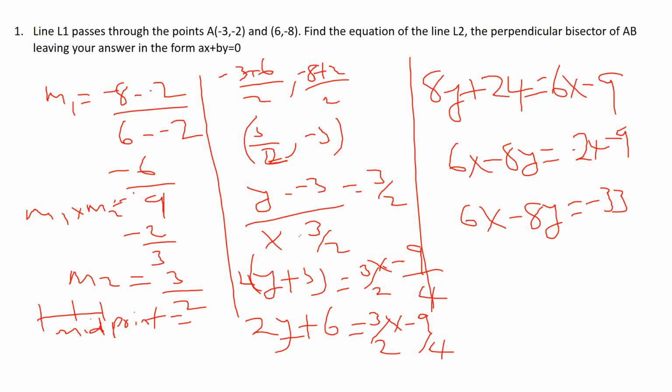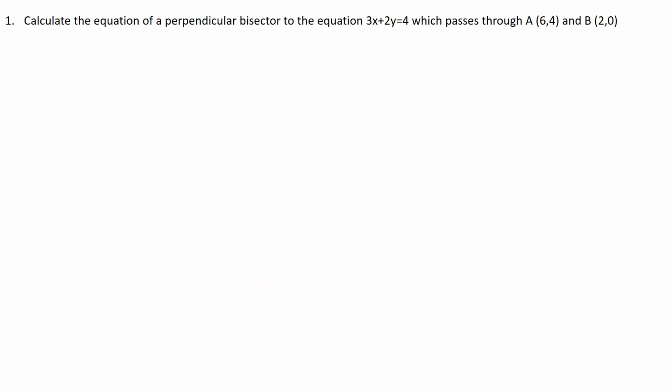So we proceed to the next question. In the next question, we are told to calculate the equation of a perpendicular bisector which passes through those points. For the perpendicular bisector, the first thing we are going to do is put our equation in the form y equals mx plus c.